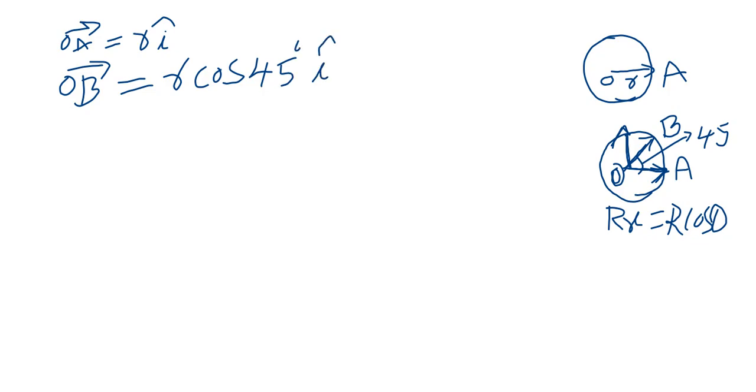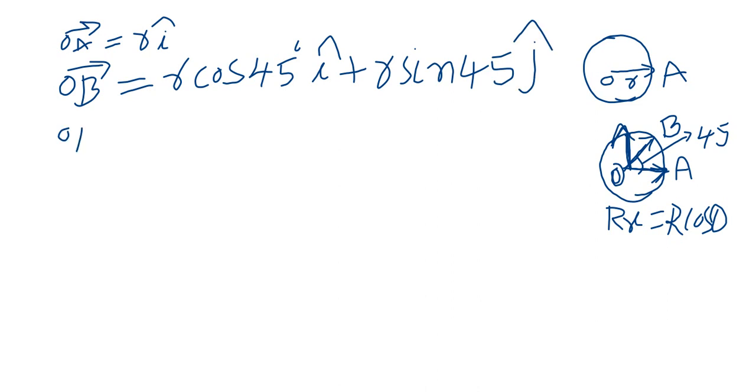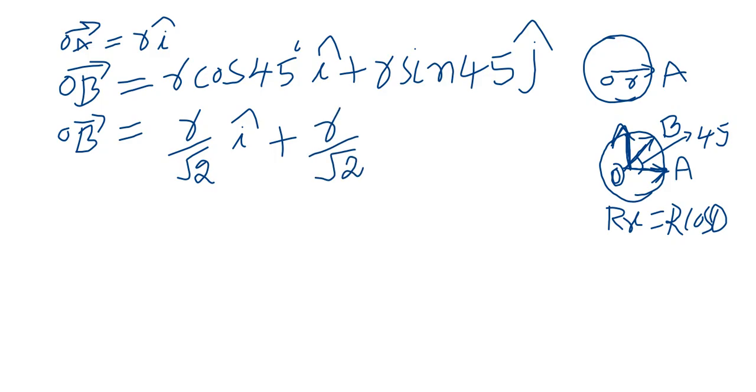In the vertical direction its component is R sin 45 degrees j cap. The value of cos 45 is 1 by root 2, so R by root 2 i cap. The value of sin 45 is 1 by root 2, so R by root 2 j cap. So this is the value of OB bar. This is the value of OA bar.